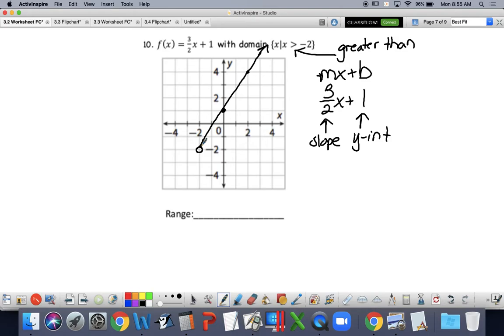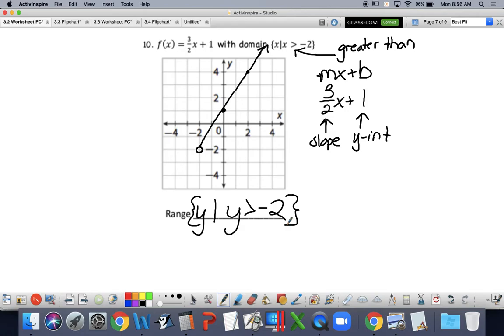Now the final piece is we have to figure out the range. So let's look at our y-axis only. What is the lowest it goes on my y-axis? It goes to -1, but it also goes to all this stuff in between here. So I'm going to say y is greater than -2, and because we need to have it in the same form, it's in set notation here, set notation here.